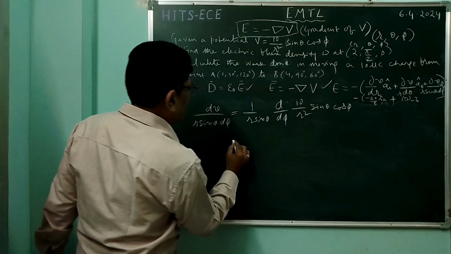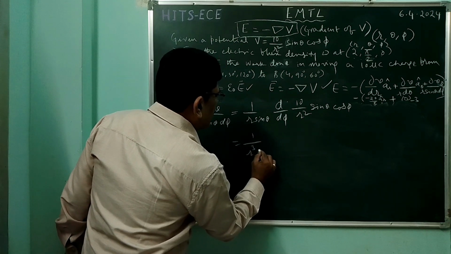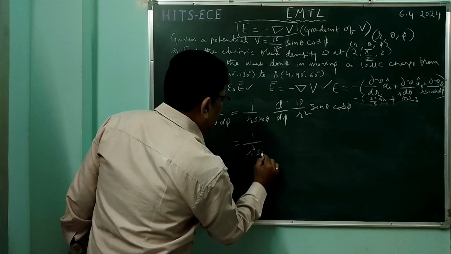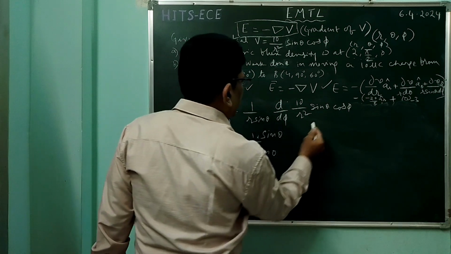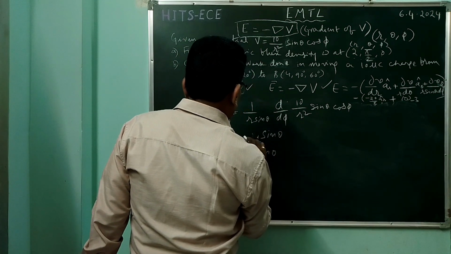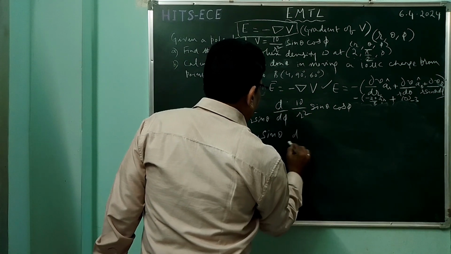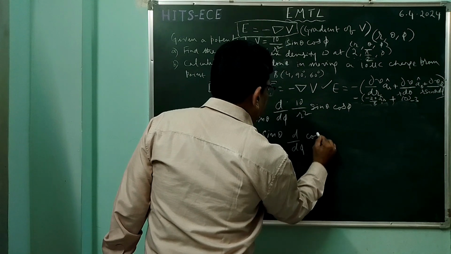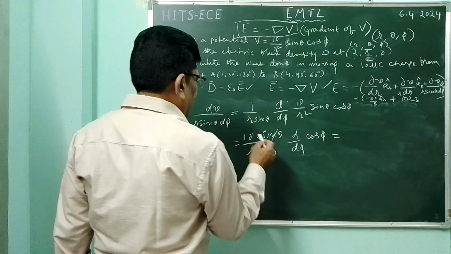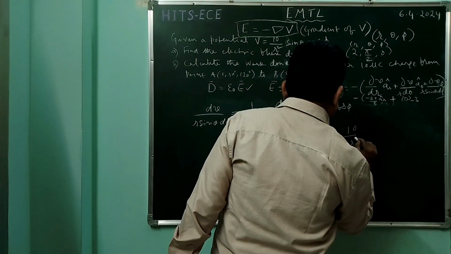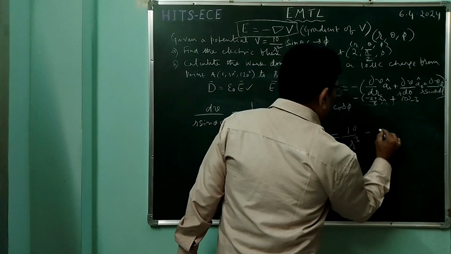I will take out the constants outside now: 1 by r, this r squared becomes r cubed, and sin θ cancels. 10 by r squared sin θ, d by dφ of cos φ, which is equal to 10 by r cubed into the derivative of cos φ, which is minus sin φ.